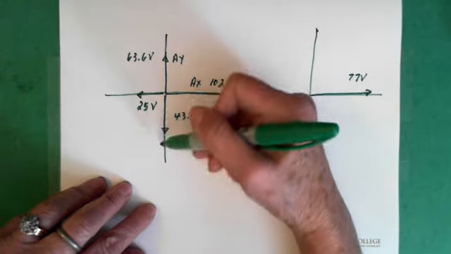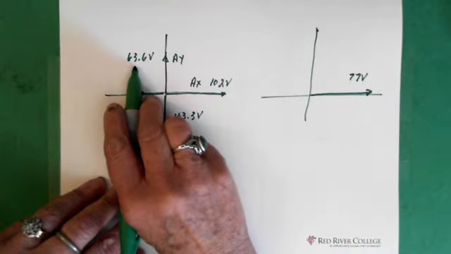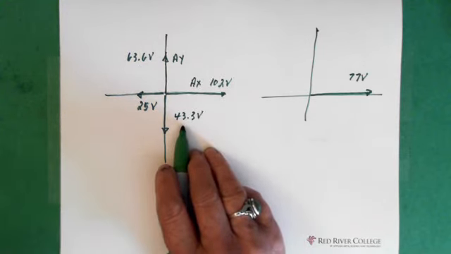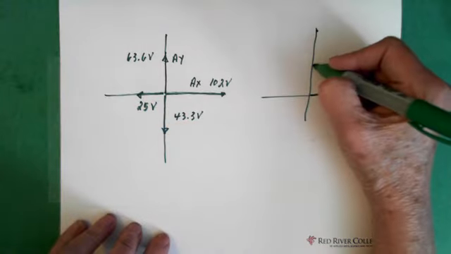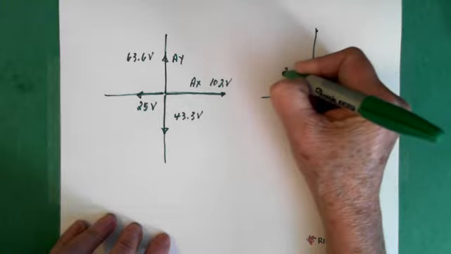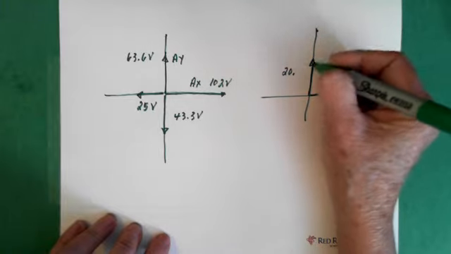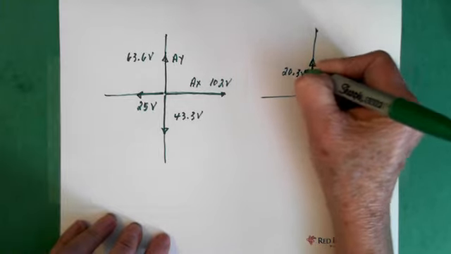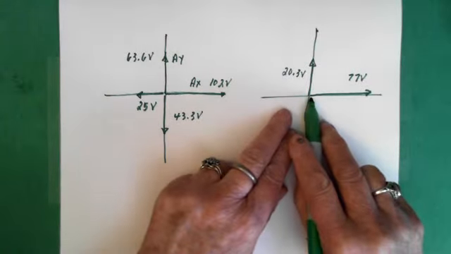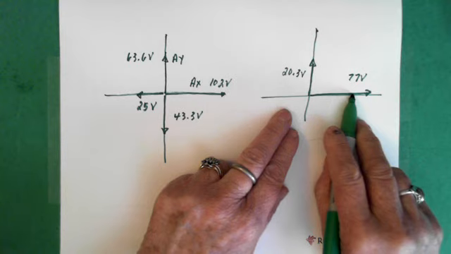And in the y direction we have a positive 63.6 and a negative 43.3, so we end up with a positive 20.3 volts, right? So this is our resultant in the x direction.